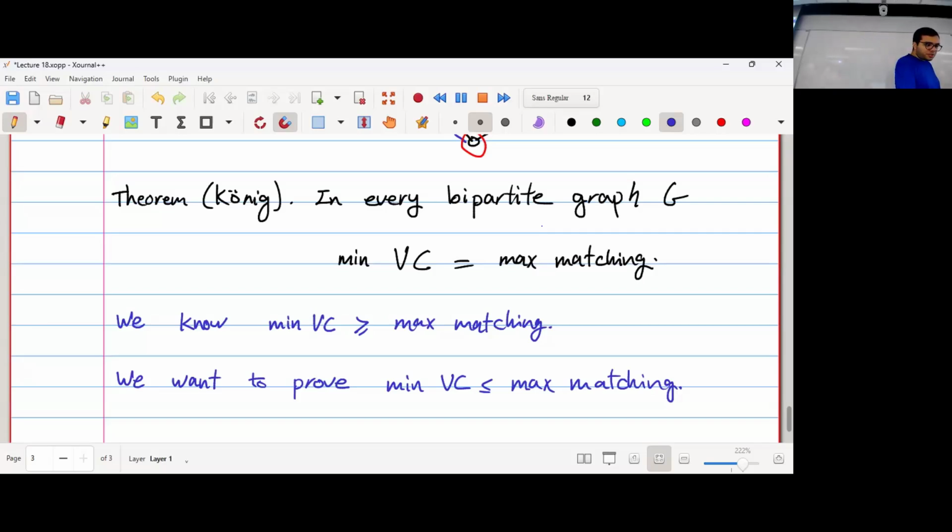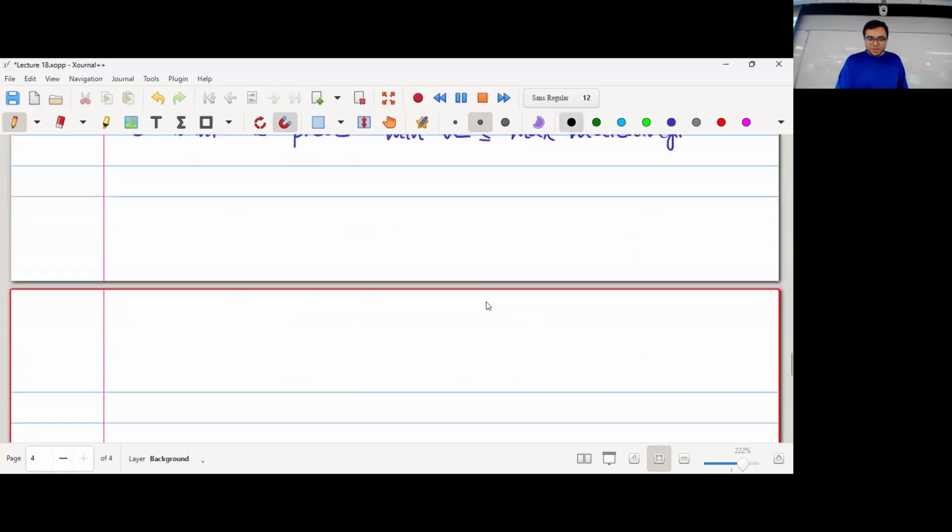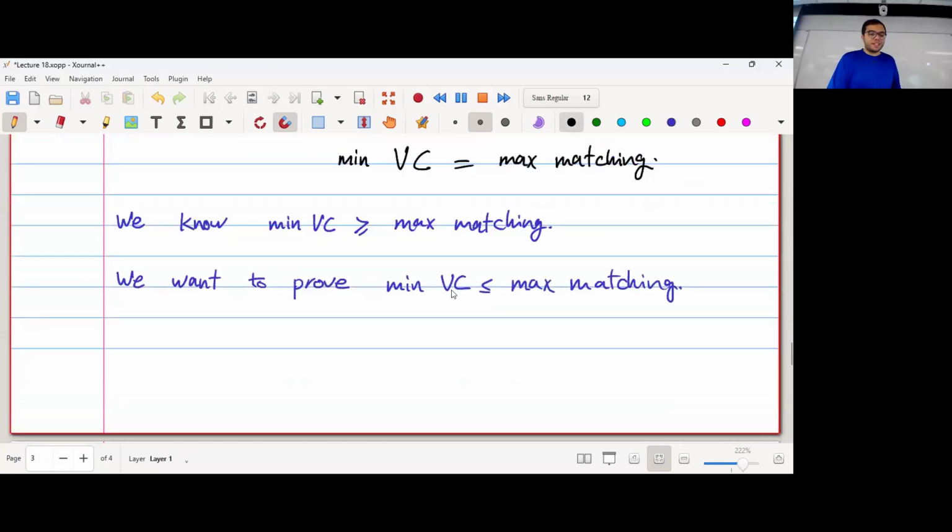Okay. So what do you suggest we do? Do you suggest that I start with a maximum matching and try to create a minimum vertex cover of the same size? Or that I start with a minimum vertex cover and try to create a maximum matching of the same size? Well, it turns out here you can do either, and actually both of them are quite easy. I'm going to do the minimum vertex cover thing.